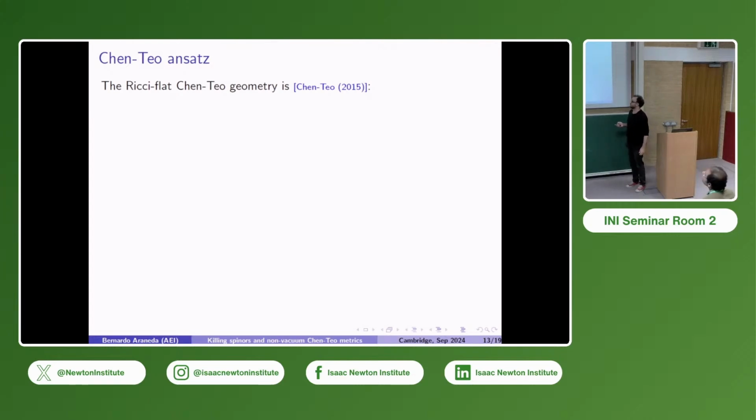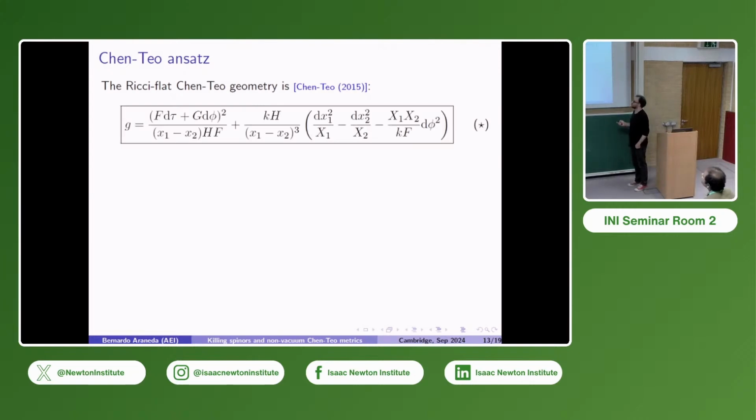And so to begin with, let me show you what the Chen-Teo geometry, the Ricci-flat geometry, is, the way that Chen and Teo found it. So you see that it's this terrible expression. Well, this is 4-dimensional, so there are 4 coordinates.